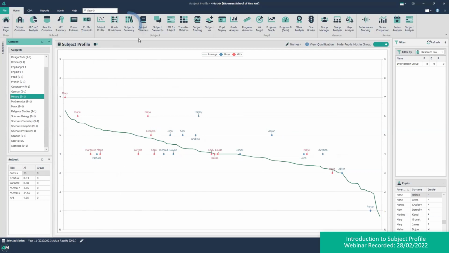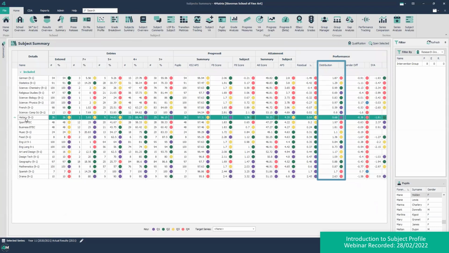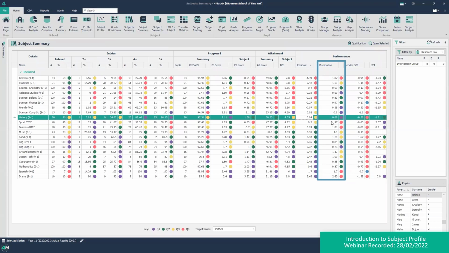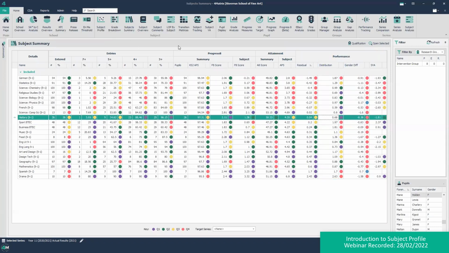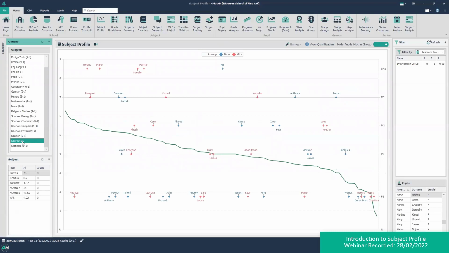If we go back to the subject summary and find history, we can see that Sport BTEC has got a relatively similar residual to history, so it's a little bit higher, but not anything particularly significant. But it's got a very, very different distribution. And if we look at what that actually looks like, you can see here you've got a massively different spread.